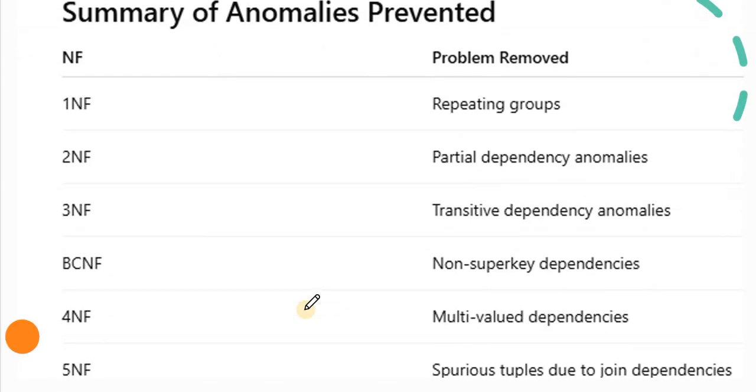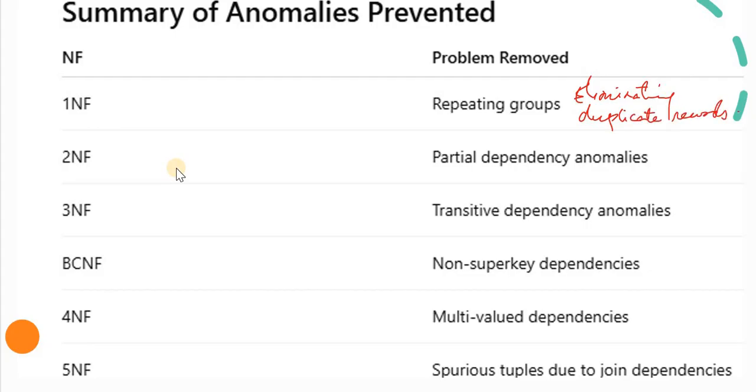So in summary, in first normal form, what is the problem? Repeating groups, or we can say eliminating duplicate records.